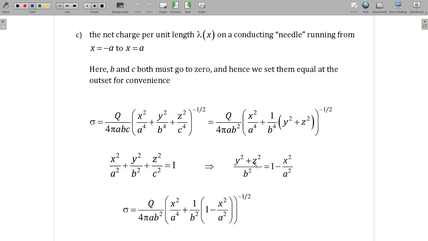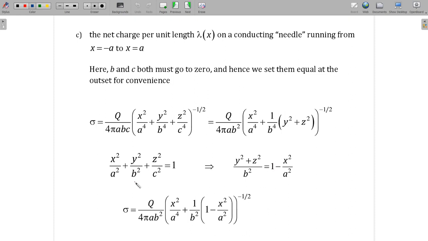So I know at the outset that whatever I am trying to find, the charge per unit length, is not going to depend on y and z. The y and z will not even appear in the formula, because the object that we are going to have will not have these dimensions at all. So I eliminate y and z. This is my hint, my beginning, a clue as to how to begin towards the solution. So y and z are eliminated and we get this.